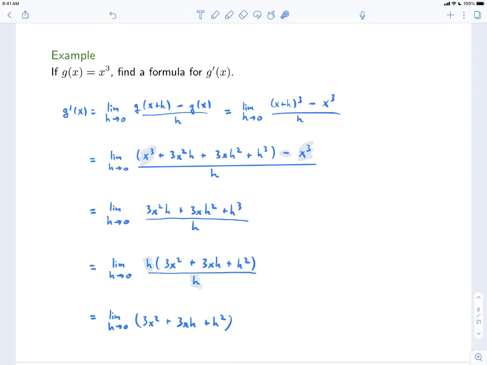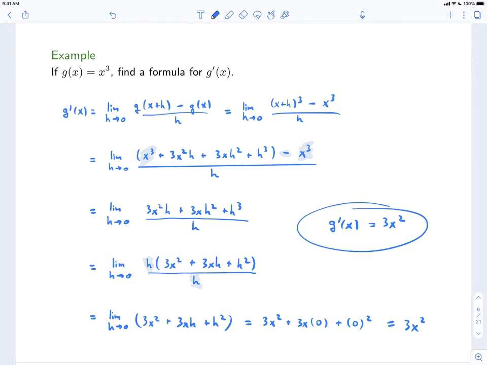So we have a fixed x here, and we have some h's here, but this is a polynomial in h, and we're going to compute the limit as h goes to 0, so we can just use the substitution rule, and we'll have 3x squared plus 3x times h, but h is going to 0, plus h squared. And so the result is 3x squared. So in other words, if g of x is equal to x cubed, then the derivative, g prime of x, is equal to 3x squared.